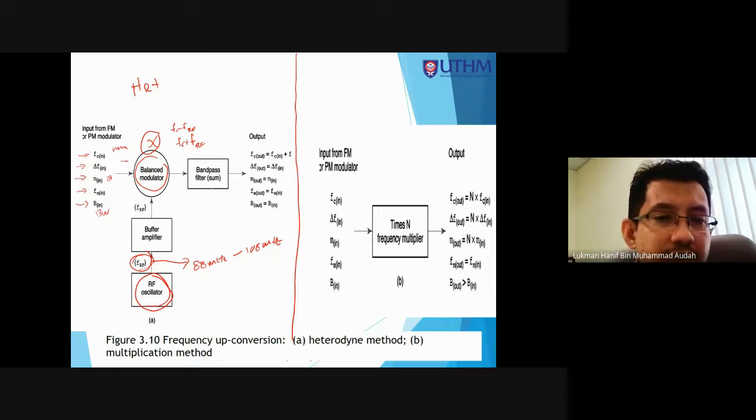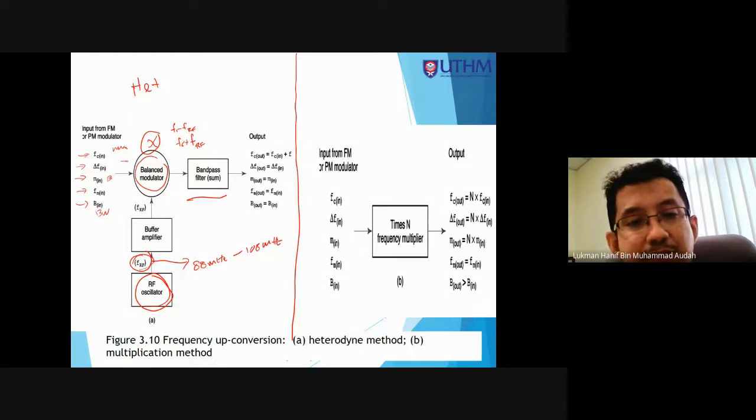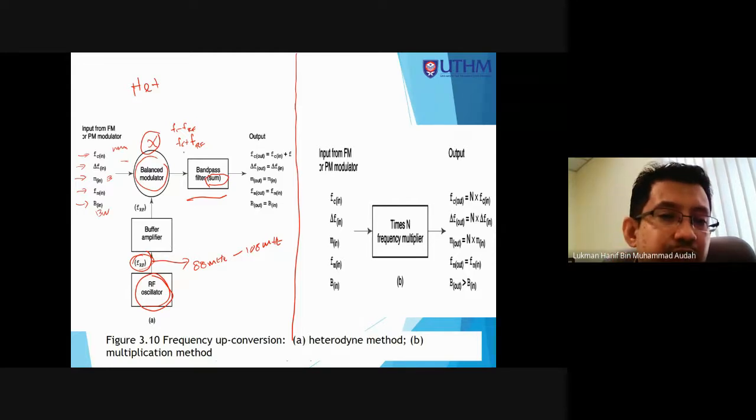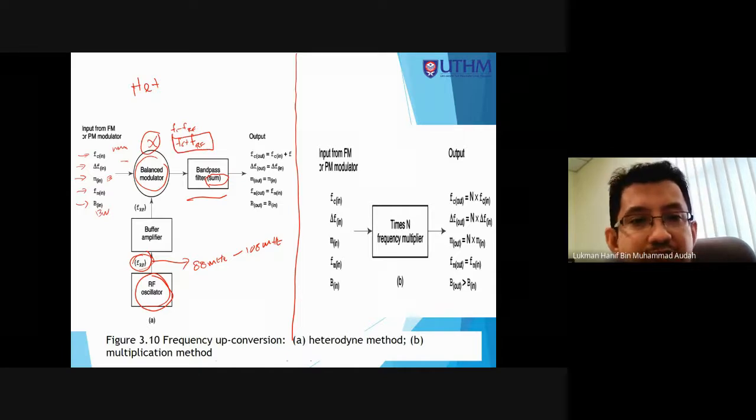So di sini kalau dilihat menggunakan band pass filter dan ada perkataan sum. That means this band pass filter is set to select the upper frequency, the sum frequency. Sum frequency adalah upper sideband. So itu sebabnya keluaran FC out. Okay.